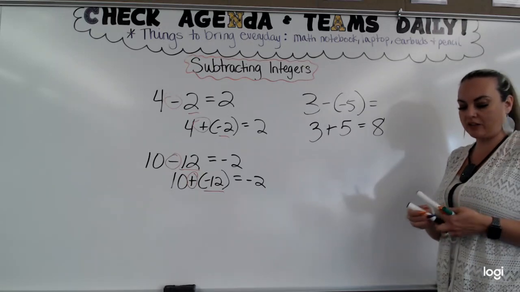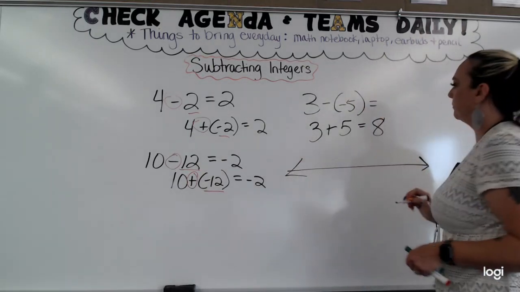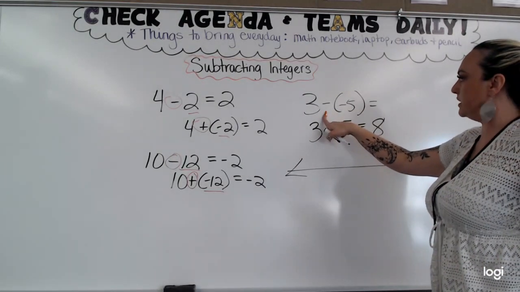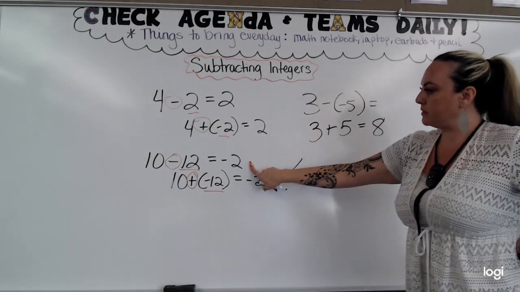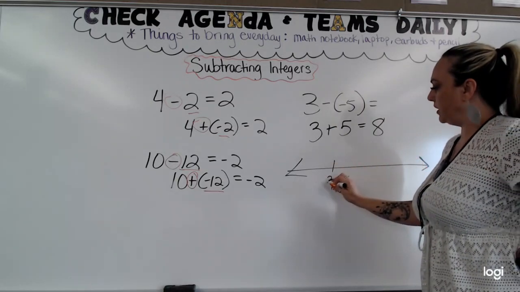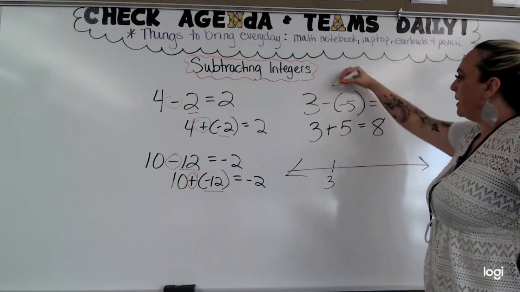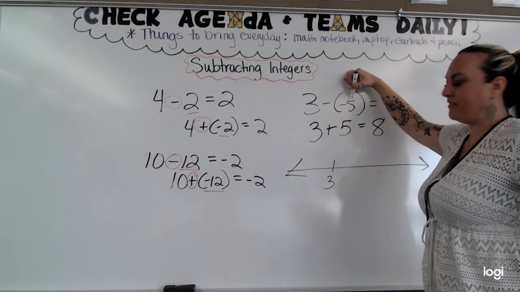But how does that look on a number line? Let's try it. Let's start with the original. We started at positive 3. Now, applying this concept of subtraction, I know my answer is 8. So I want my 3 over here because I want room to move to the right 5. If I'm at 3, how do I take away 5 negatives?